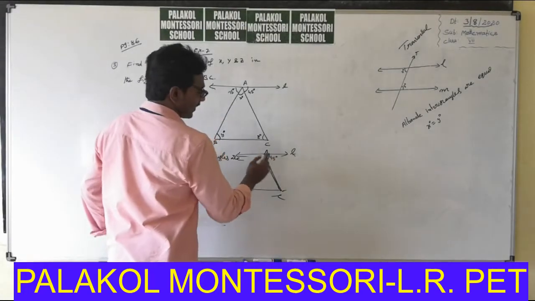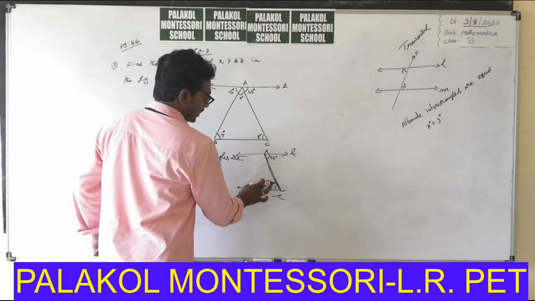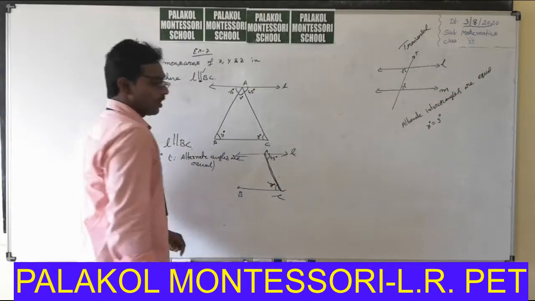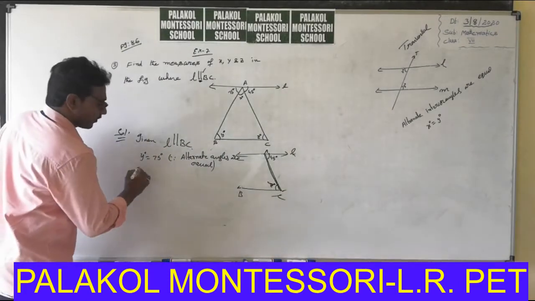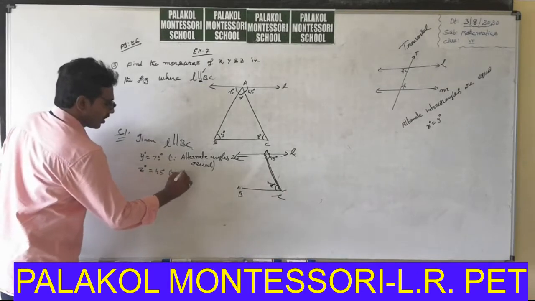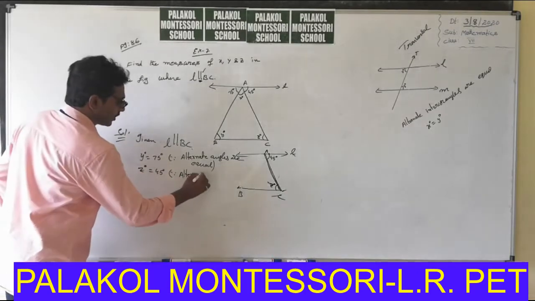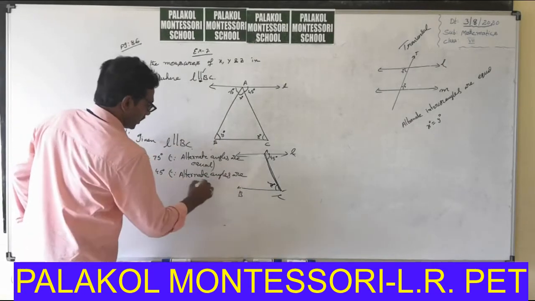One is 45 degrees, which is outside, and this one is inside. What type of angles are these? Alternate angles. Alternate angles are equal. So, z degrees is equal to 45 degrees, since alternate angles are equal.